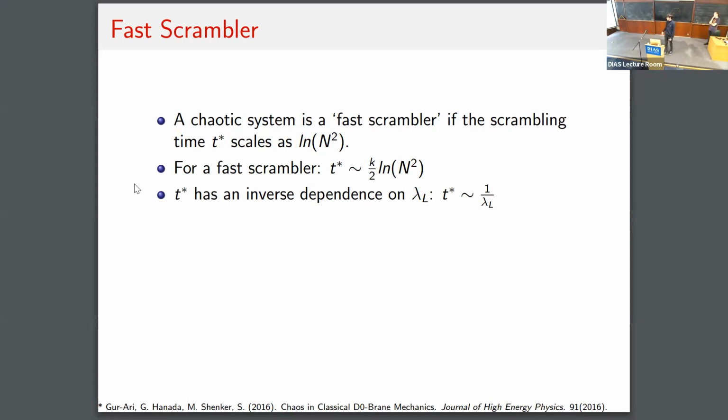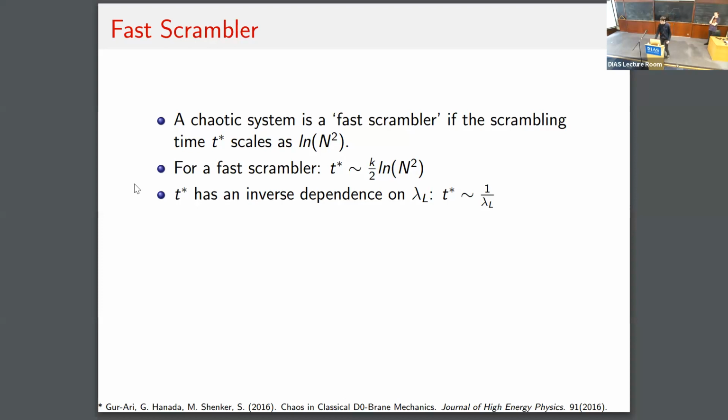Since it's a linear plot, the distance scales linearly with respect to time when we take the log, and the Lyapunov exponent is the slope of that graph. If you increase the slope of a linear plot, then the time it takes to reach the maximum value will decrease. So there's an inverse dependence between the scrambling time and the Lyapunov exponent.